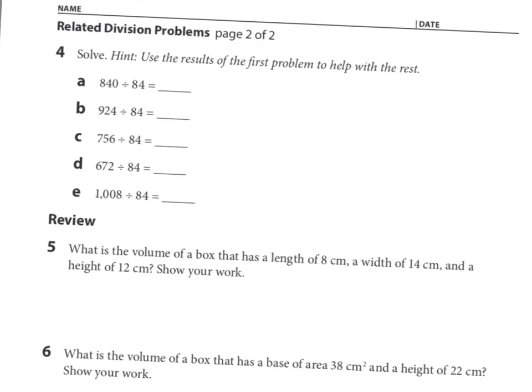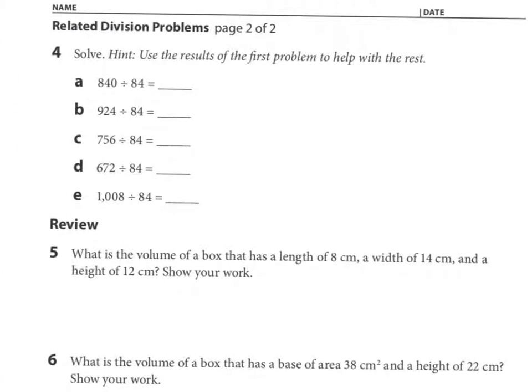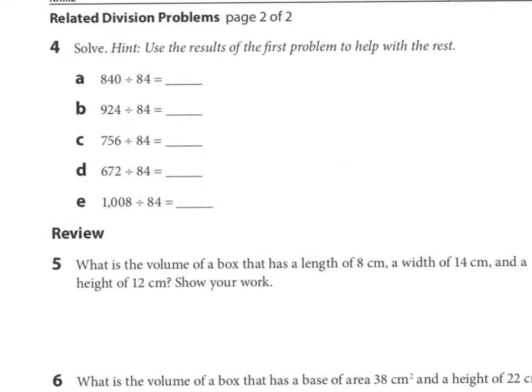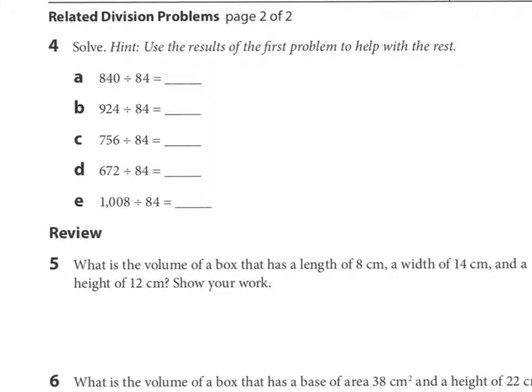Number 4 says solve. Hint: use the results from the first problem to help with the rest. Okay, so for A, 840 divided by 84, that must be 10, because I know 10 times 84 is 840. So my quotient here will be 10. Remember, quotient is the answer to a division problem. Next, I have 924 divided by 84.